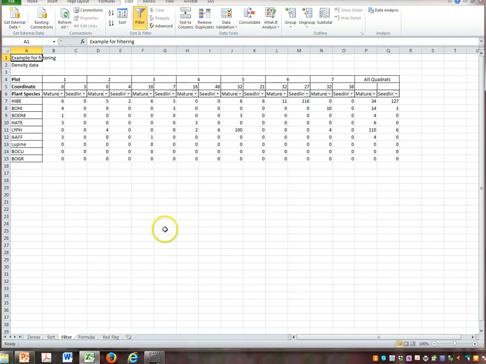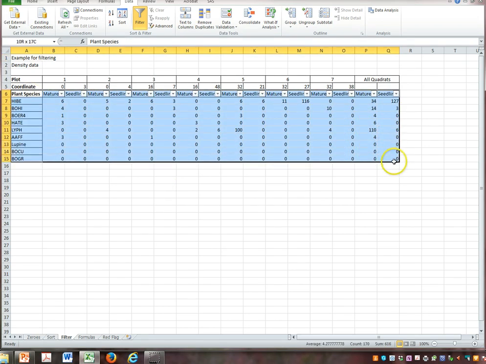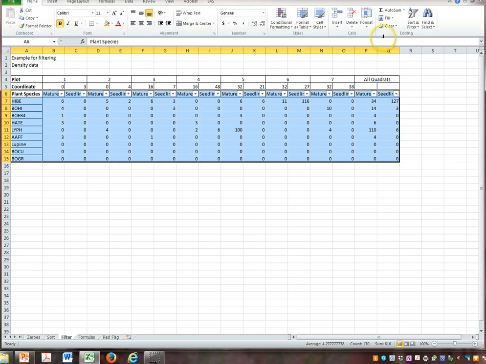So this can be done rather quickly by turning on the filter feature, which is located over here, and we'll try turning that filter feature on again.